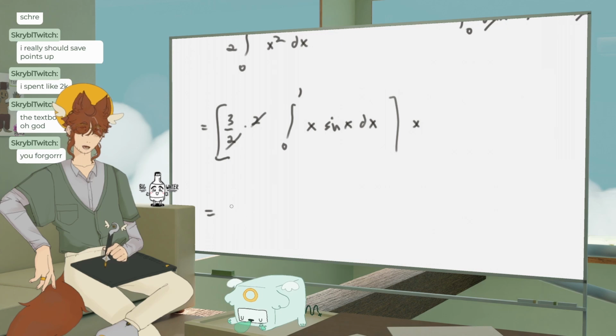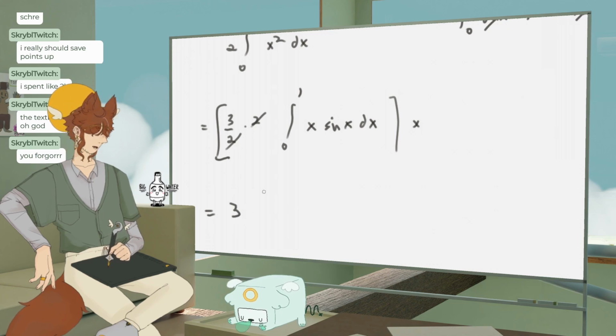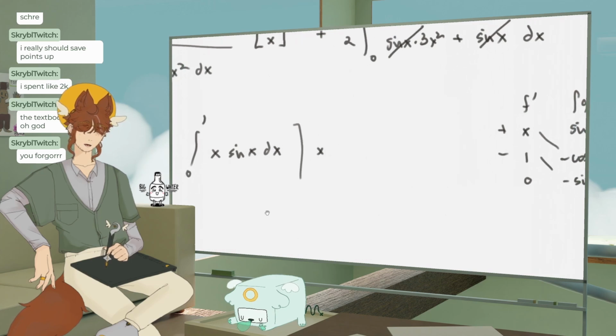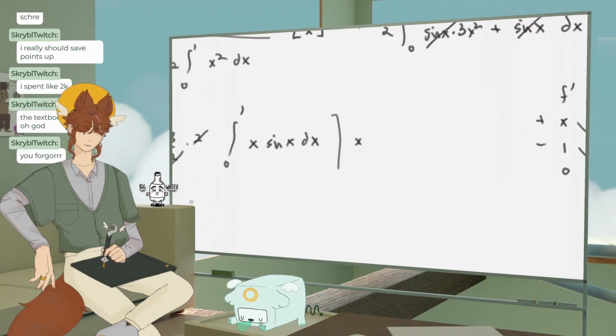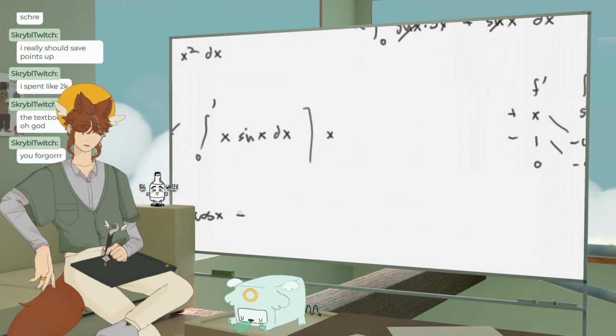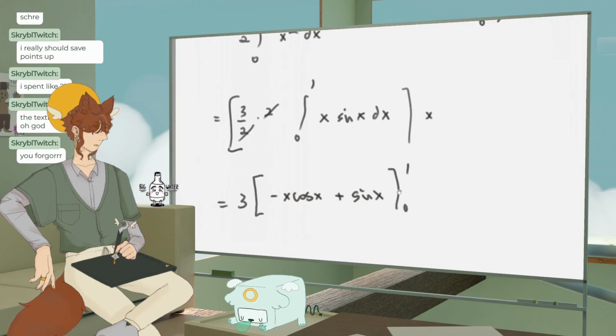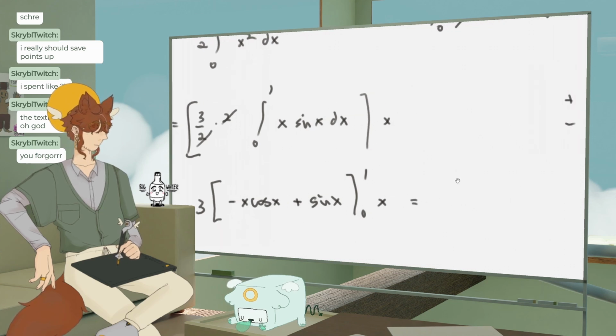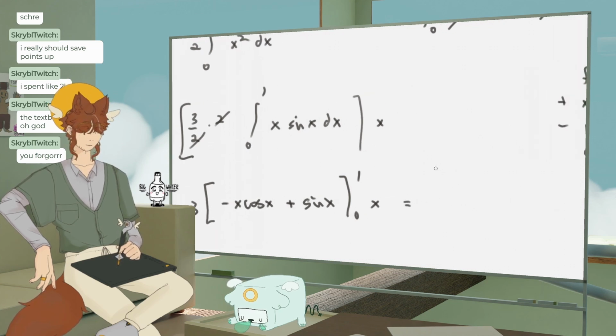Okay, so 3. This is so chill. It's literally just 3, and then negative x cosine x plus sine x from 0 to 1. Oh my god. Or this also times x. Oh, wait, it should be a line, yeah. That makes sense. Over such a small interval.